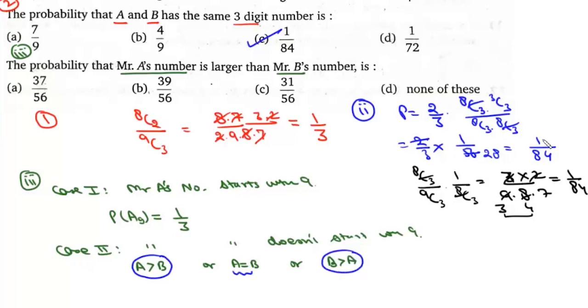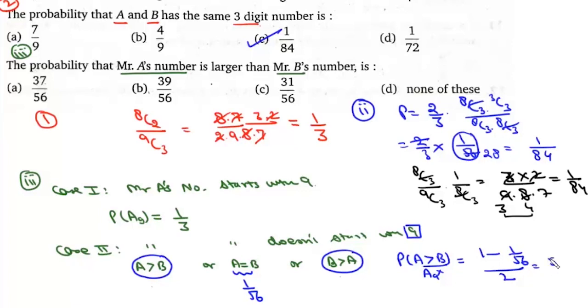Now the probability that they'll choose the same number, provided the number doesn't start with 9, will be 1 by 56, because we have not yet taken the case 2 by 3. So the probability that A chooses a number greater than B, provided A's number doesn't start with 9, will be (1 minus 1 by 56) divided by 2, because we have an equal number of elements in both cases.